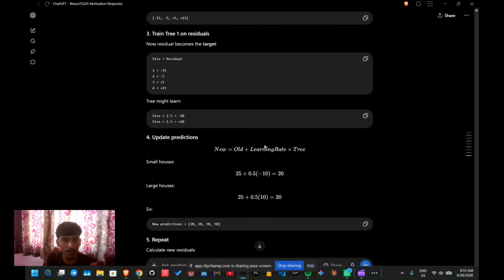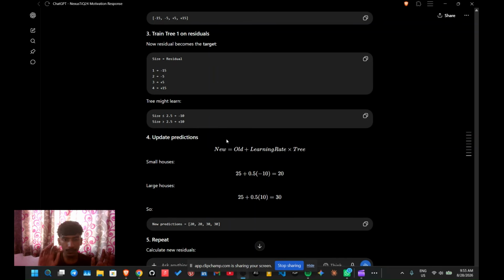Now we have our values of minus 10 and plus 10. When we are training the model, if the size is less than 2.5, it would decrease the prediction by 10, and if it is more than 2.5, it would increase it.